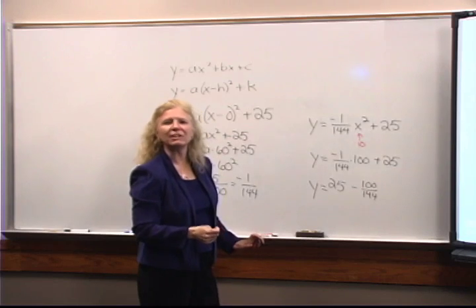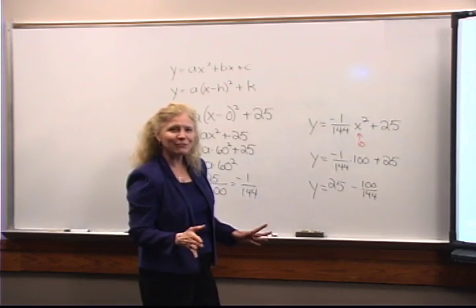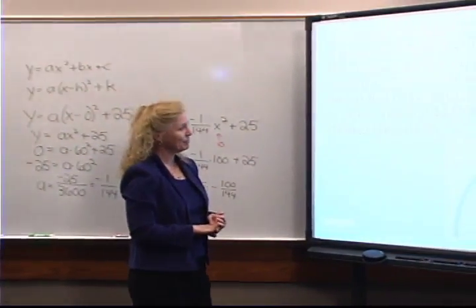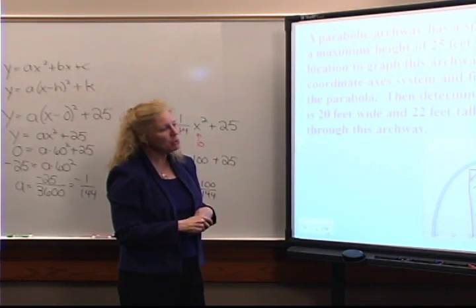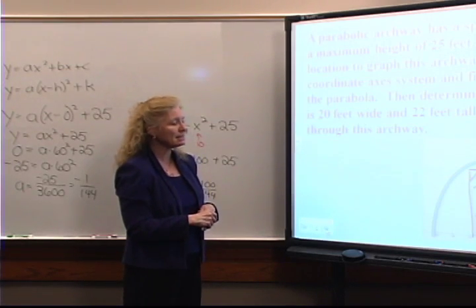Yeah, run that vehicle through. We won't have an accident. We won't knock off the roof. Okay? We're good to go. Wasn't that fun? That's a great way to use the graphing information from quadratics.